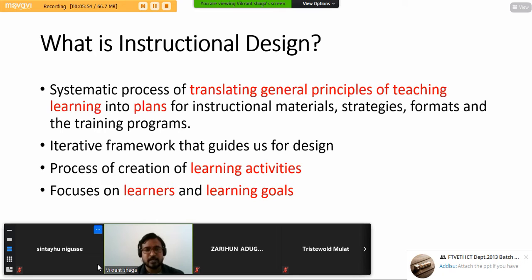For every lesson plan, every lesson chapter, you have learning objectives, some learning outcomes. What are the tools and technologies that you're going to use for explaining that chapter? So all this comes under instructional design.